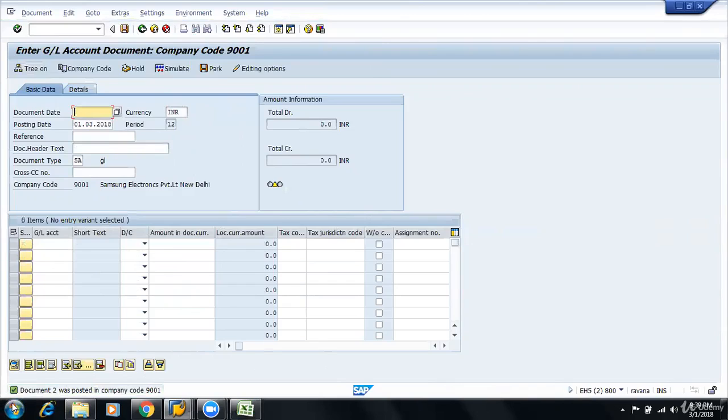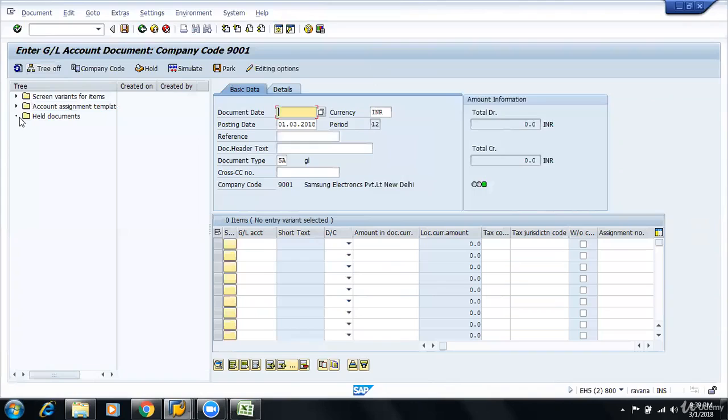Now you may ask, how about that temporary document which was created? That is now vanished because it's been used up. As you can see, there is no expand option here. It's just a dot here, you cannot expand this held document because there are no contents in it.